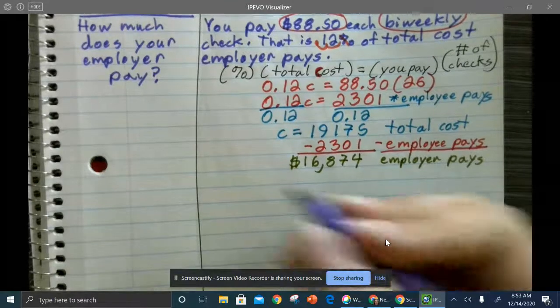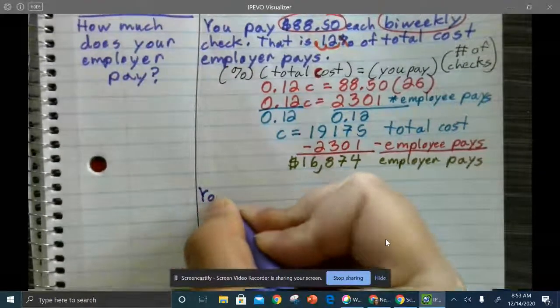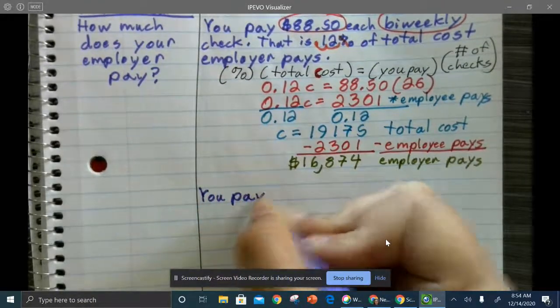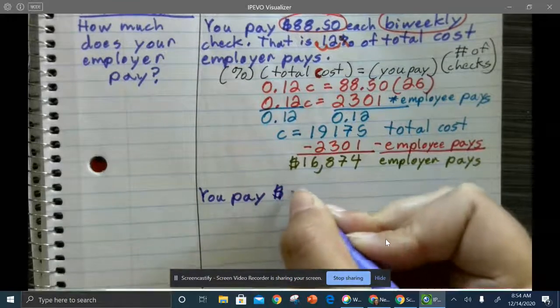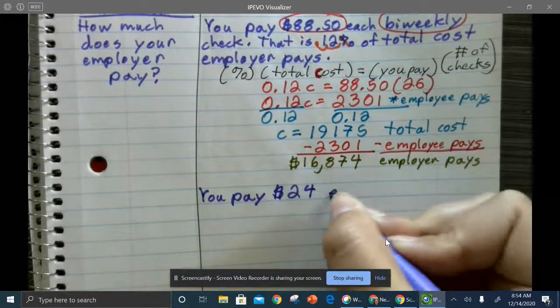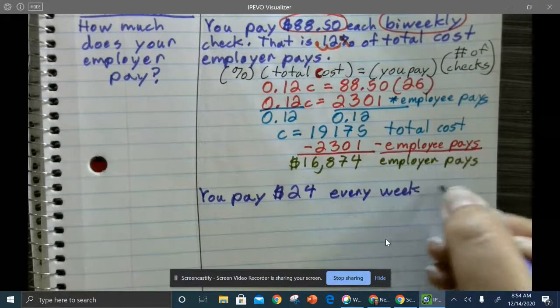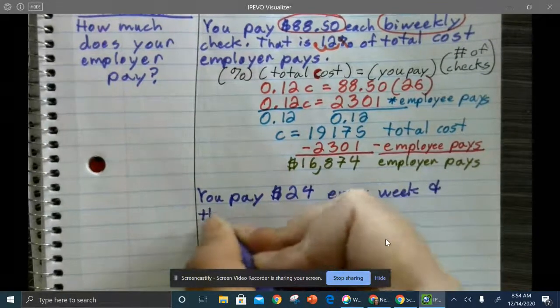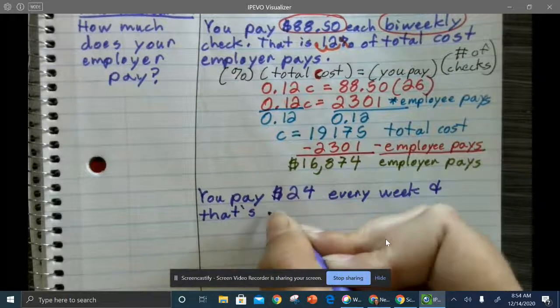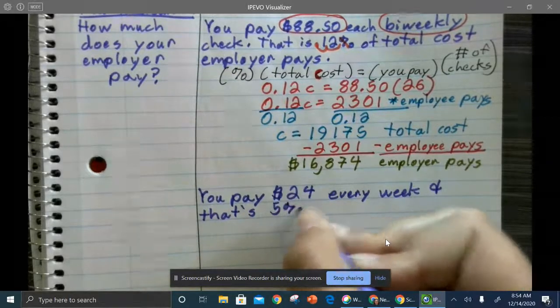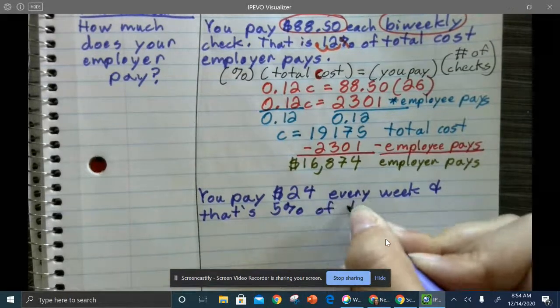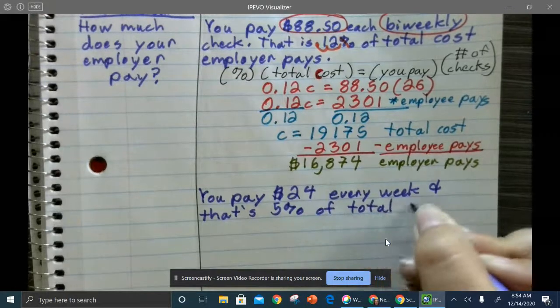Okay, so let's look at another example, everybody. So you pay $24 every week, and that's 5% of the total cost.